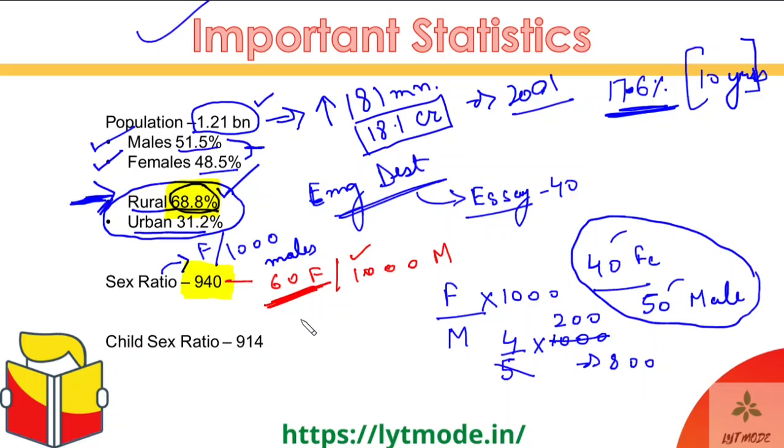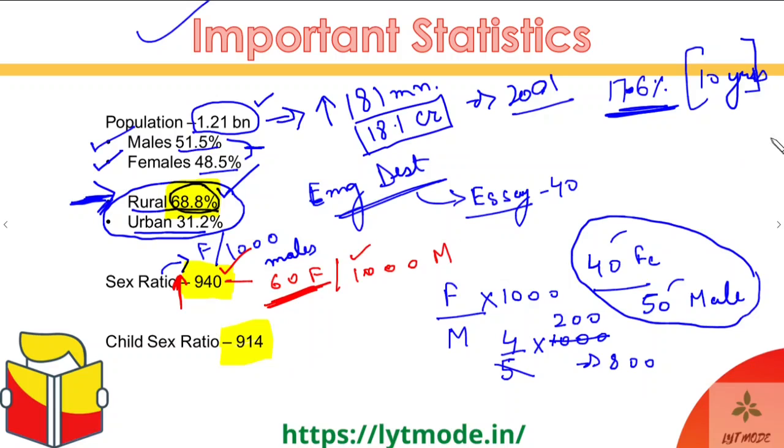And the worst part about this figure is, even though it had actually improved from the 2001 census to the 2011 census, the troublesome thing that everyone was concerned about was that the child sex ratio was only 914. So there were only 914 girls per 1,000 boys in the children population of India.